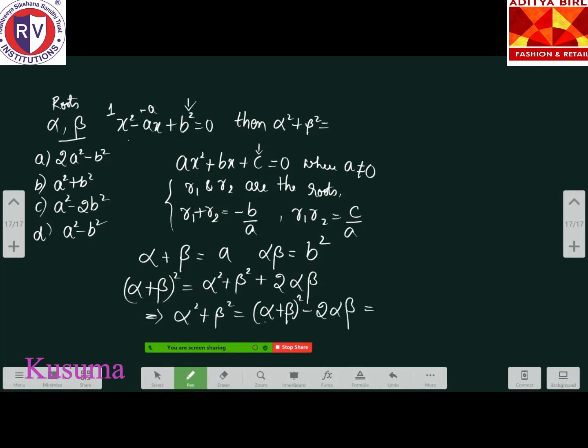We know the value of alpha plus beta, which is a. We know what alpha beta is, which is b square. Let us substitute the values and simplify. So alpha plus beta is a, square is there, minus 2 into alpha beta, which is b square. So we got alpha square plus beta square is nothing but a square minus 2b square, which is option C.